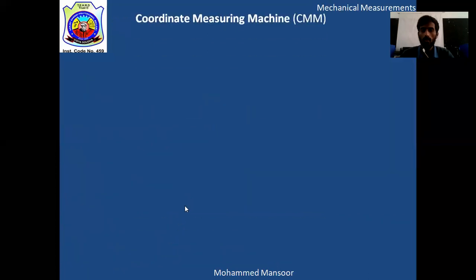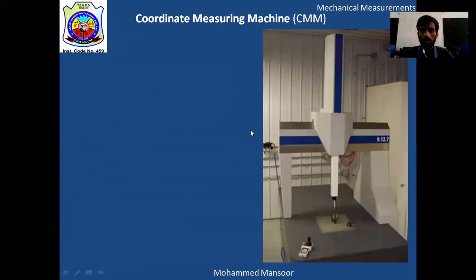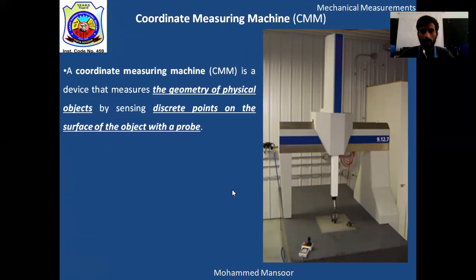Let us study the coordinate measuring machine, that is CMM. This is how the CMM looks. A coordinate measuring machine is a device that measures the geometrical characteristics of any object.